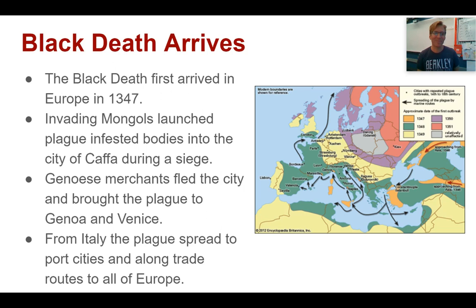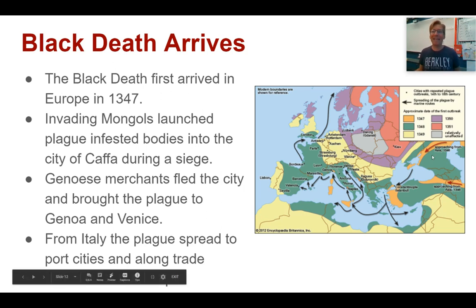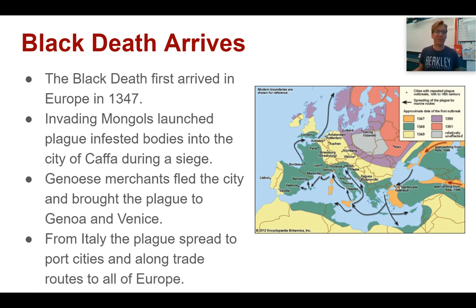Lovely Mongols. The Genoese, Italian folks, who were in the city, decide to get out of that city when the plague starts to spread, but they, of course, bring it with them. And the fleeing Genoese enter into Italy, into Genoa and Venice, and the plague begins to spread.